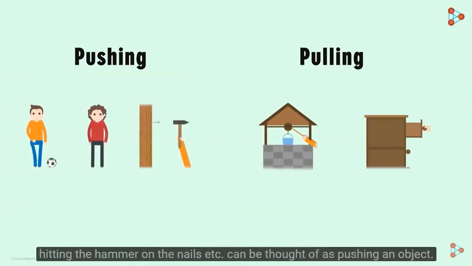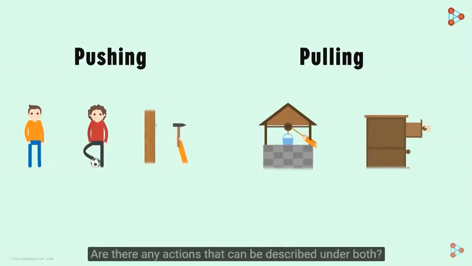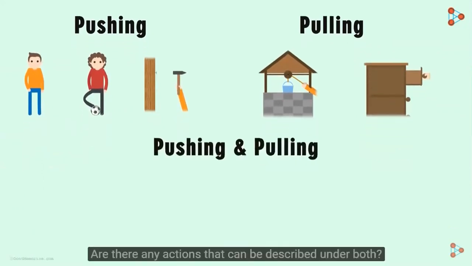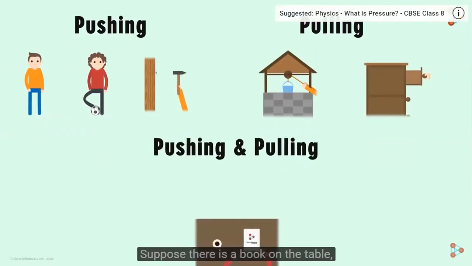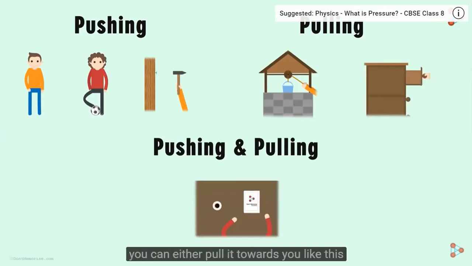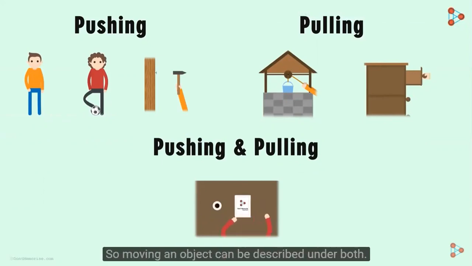Actions such as passing the ball, hitting the hammer on the nails, etc. can be thought of as pushing an object. Are there any actions that can be described under both? Yes, there are. Suppose there is a book on the table. You can either pull it towards you like this or push it away from you like this.